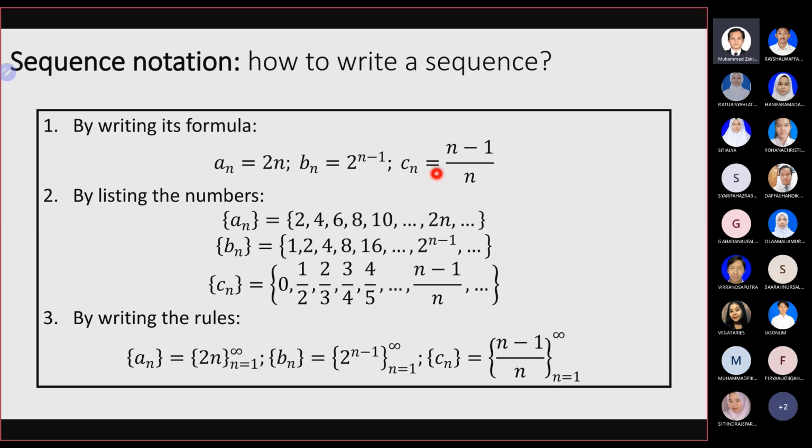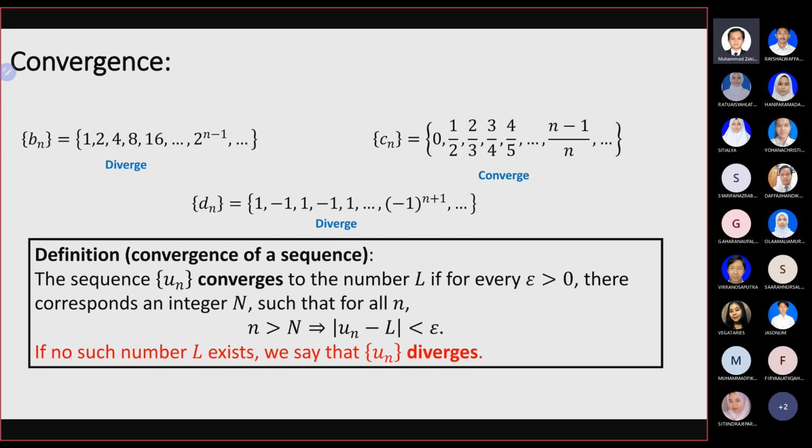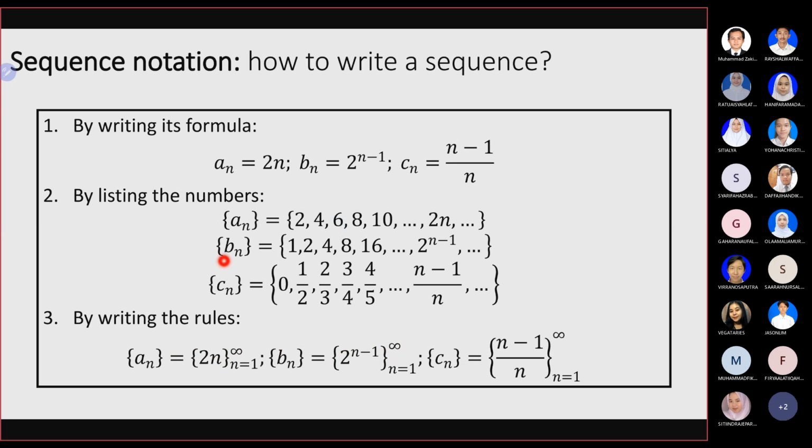Or we can also write the sequence by listing the numbers, like this, dengan cara mendaftarkan bilangannya. Or we can write the rules. Writing the rules basically is same as writing the formula, and then we combine like this. We compactify the writing, the form.